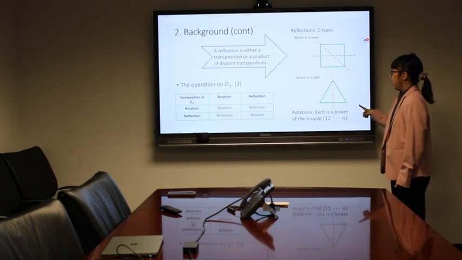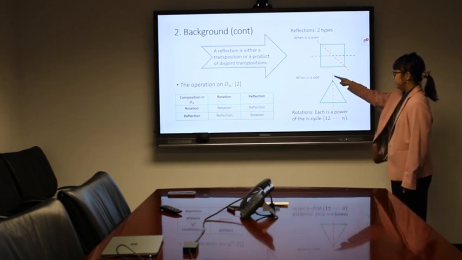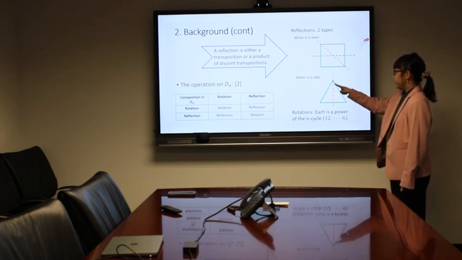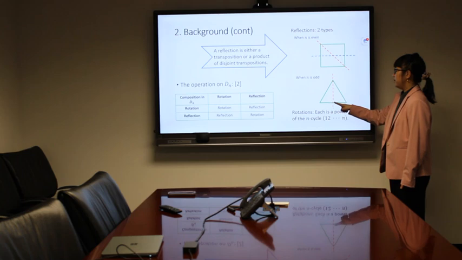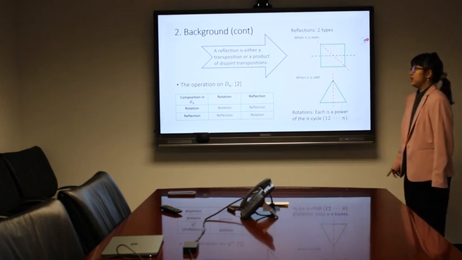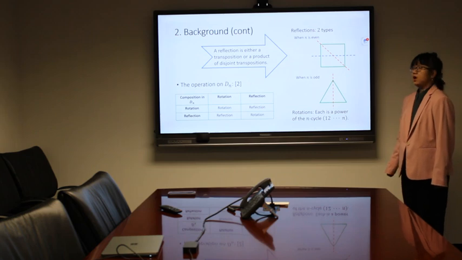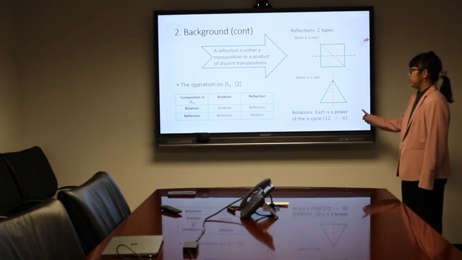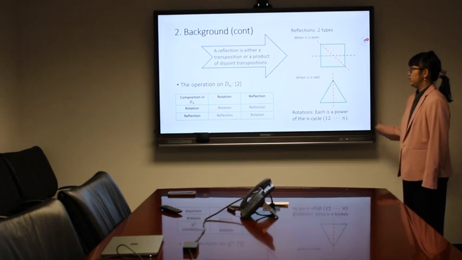When n is odd, there is only one type of reflection line, coming through one vertex and the midpoint of the opposite edge. Any reflection is either a chain rotation or a product of the chain rotation, and any rotation is a power of the n-cycle 1 to n.